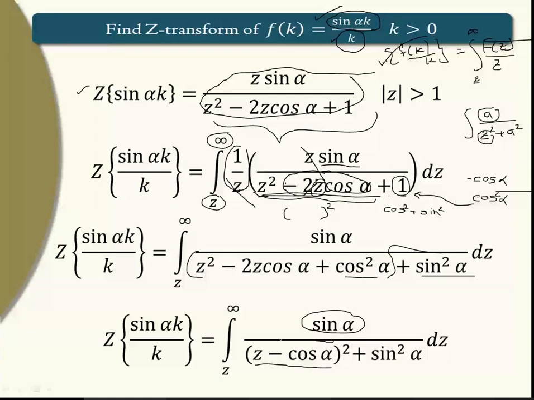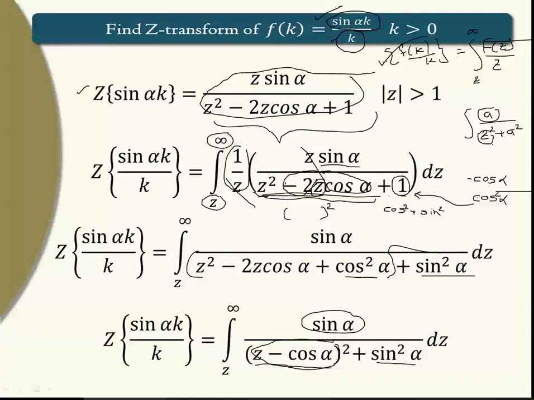So use the formula of a upon z square plus a square. The integration of a upon z square plus a square is nothing but tan inverse of z by a. Now just take z as z minus cos alpha and a as sine alpha.